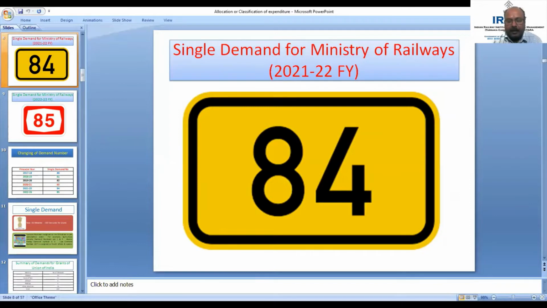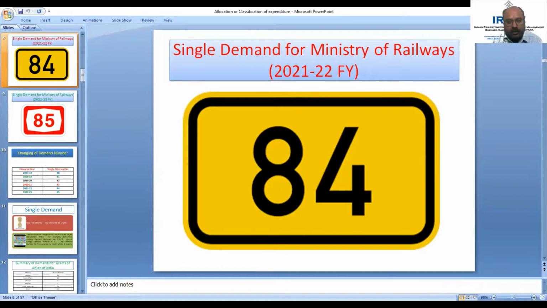Prior to 2017 we also had major heads, detail heads and sub-heads. But the sub-major head concept was introduced in the year 2017-18. All of you know the railway budget was merged into the general budget from 2017-18 onwards.